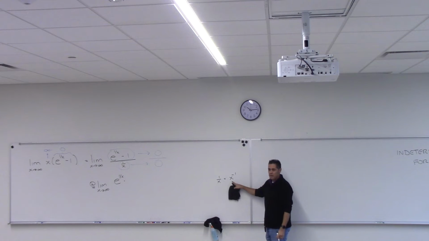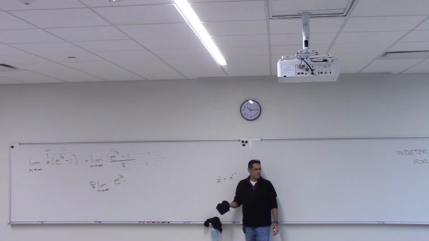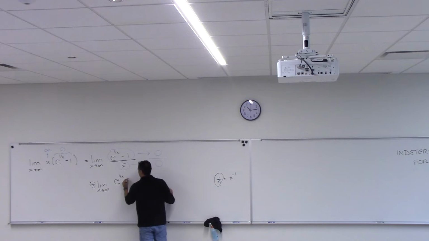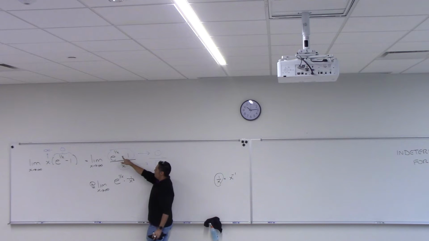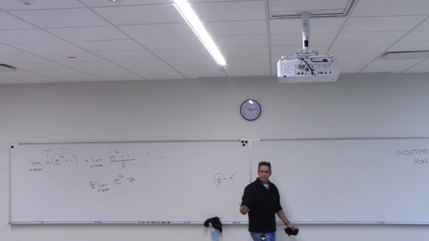So if you take the derivative of that, you get negative 1 x to the negative 2, right? But that's really negative 1 over x squared. I think we talked about this a few times, like just try and burn this one in, what the derivative of this is. So I'm going to write that here, negative 1 over x squared. That's the derivative of what's up there, minus the derivative of 1, which is 0. So I don't have anything else up top, right?